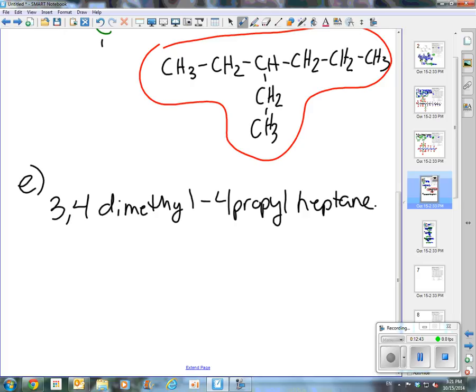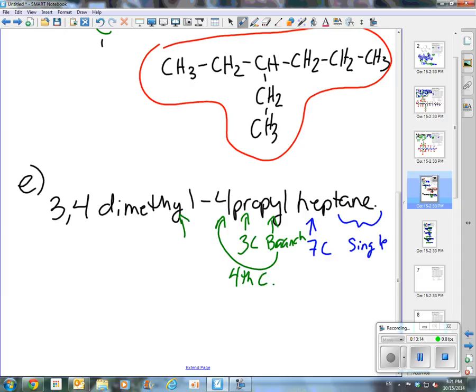Okay, so same sort of situation goes on here. I'm going to look at the last bit of this, and this is my parent chain. Okay, hept meaning 7 carbons, ane meaning all single bonds. I've got a propyl branch here, yl meaning a branch. Prop means 3 carbons. Where is that branch? It's on the 4th carbon.